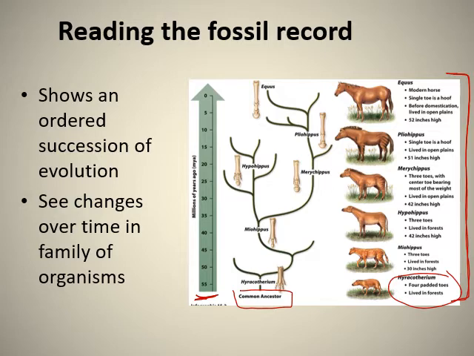So we're starting with a common ancestor, we're going to Hyracotherium, and we're ending with what is essentially our modern day horse. And you can see that they do look pretty different, although there are some similarities, and we have fossils indicating that this is how the species has evolved over time.